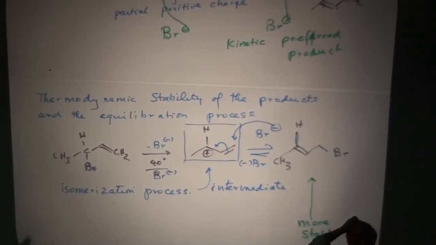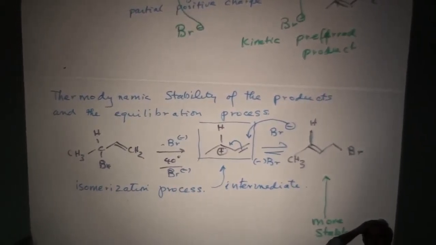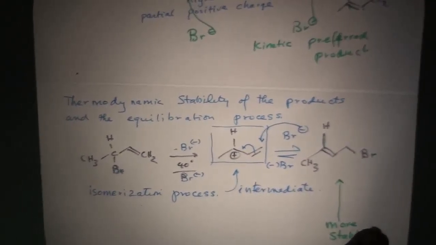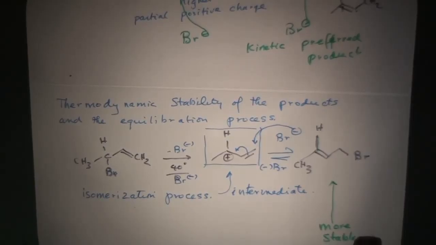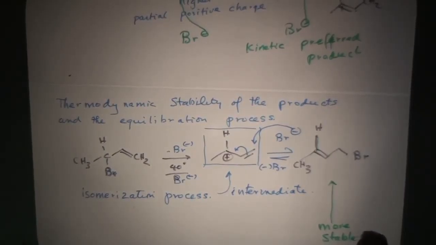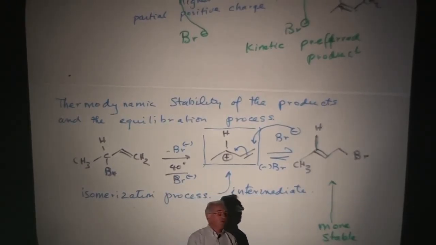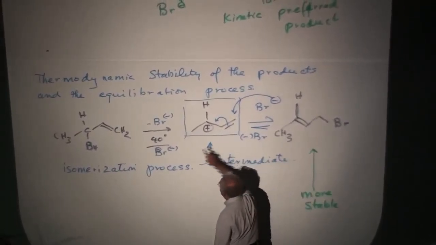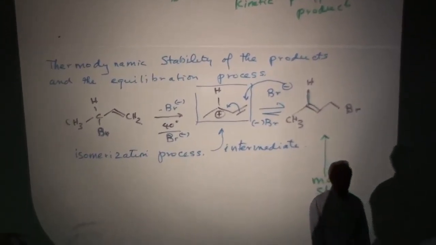Remember when you were doing E1 elimination reactions? I'm sure that your professors told you that the more substituted double bond was a little bit more stable. So here we have a di-substituted double bond, here we have a mono-substituted one. So using that idea, this should be a little bit more stable than that one because it's a more highly substituted double bond.